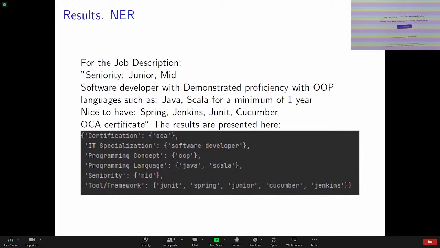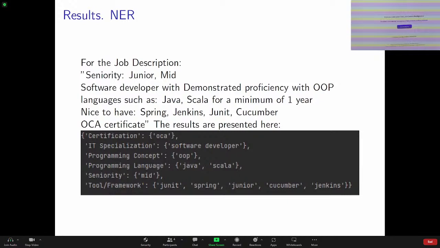We have OCA as a certification, software developer, object-oriented programming, Java and Scala, and these are the tools and frameworks. One thing to mention was that the Java instance was aided by the addition of the knowledge graph, inferring a relationship between object-oriented programming and Java, because, as you all know, Java is based on an object-oriented paradigm.